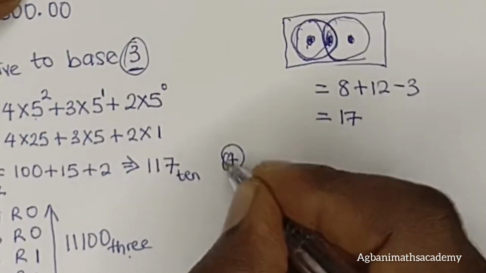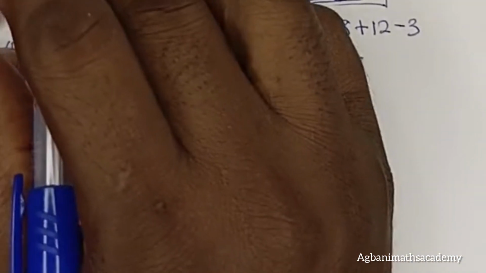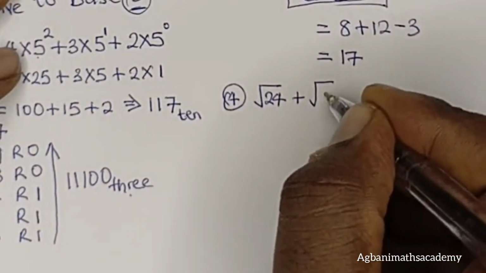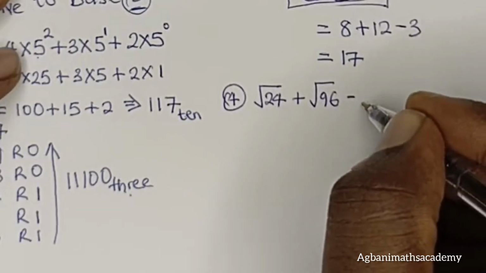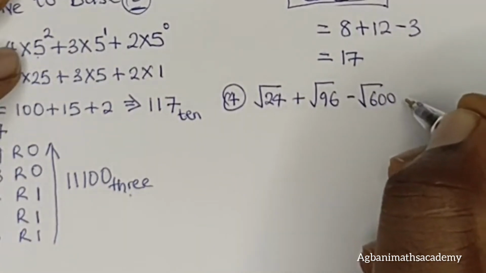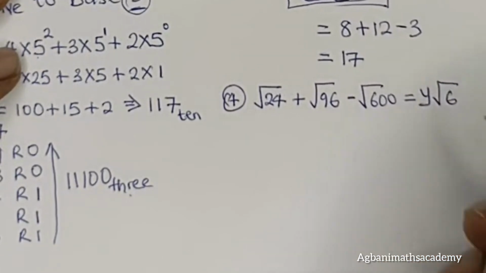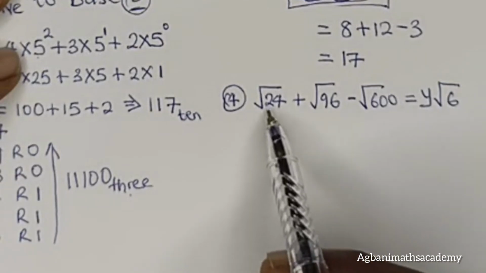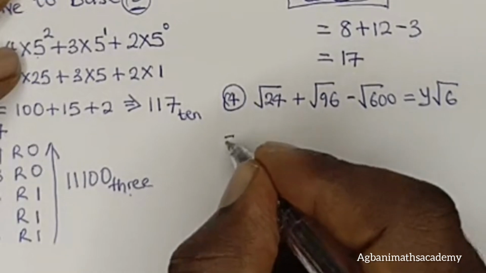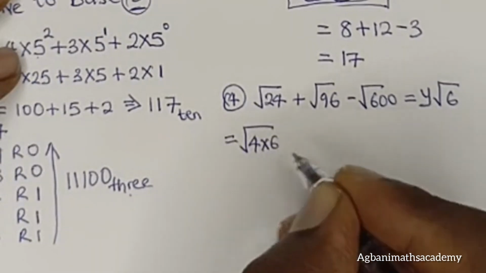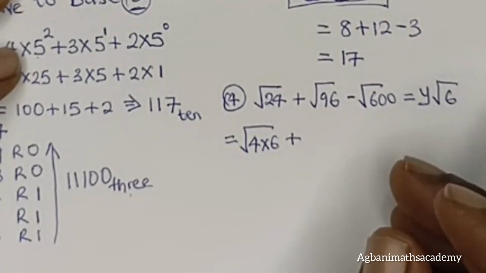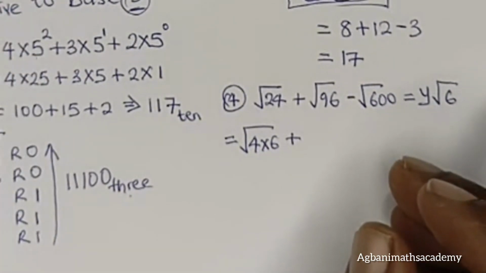So this is question 4. So if we look at this question, we have square root of 24 plus square root of 96 minus square root of 600 is equal to y square root of 6. So let's break down 24 so that we're going to have a perfect square and 6. 24 is the same thing as 4 multiplied by 6. So instead of having 24, we are going to have square root of 4 multiplied by 6 plus, instead of having 96 here, we are going to look for a perfect square that will multiply 6 to give us 96.